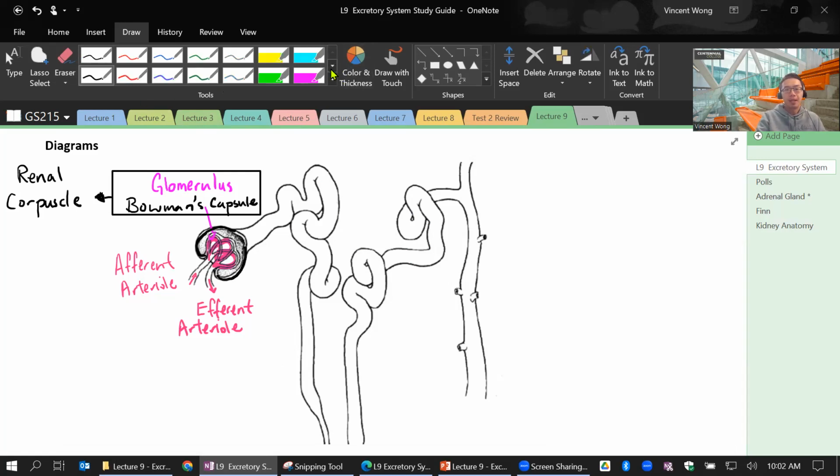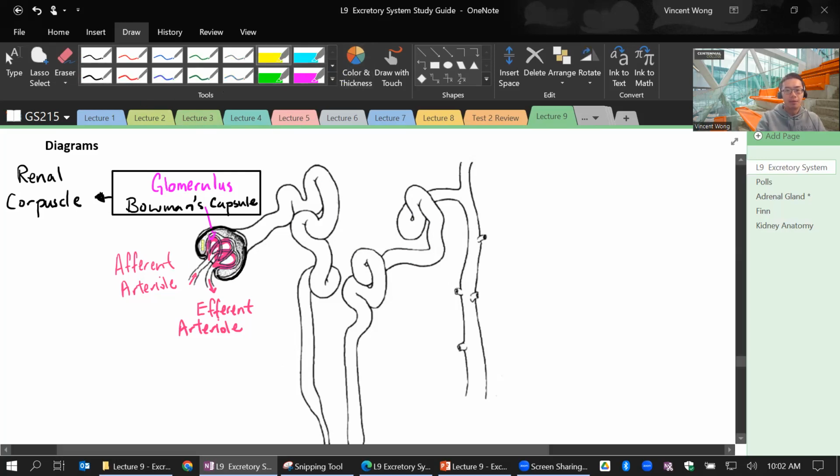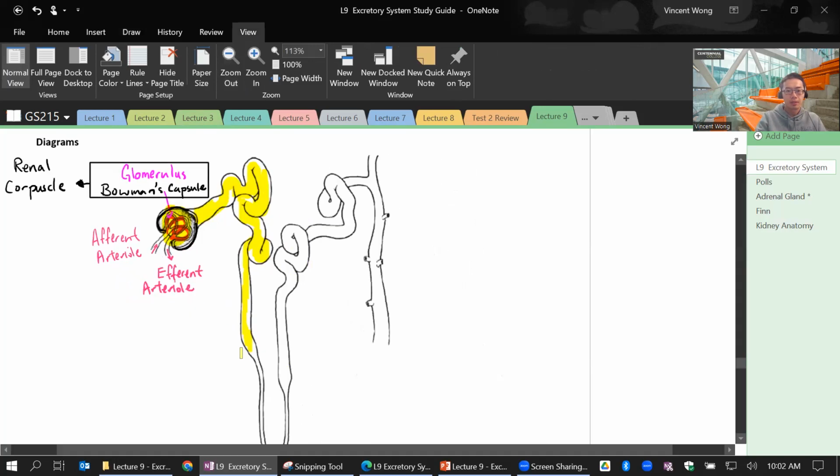All right. Everything that gets squeezed out from the glomerulus will be captured by the Bowman's capsule. And like I said, it's going to continue onward, and come back up like that. So what do we call this yellow stuff? What is the fluid inside the nephron?